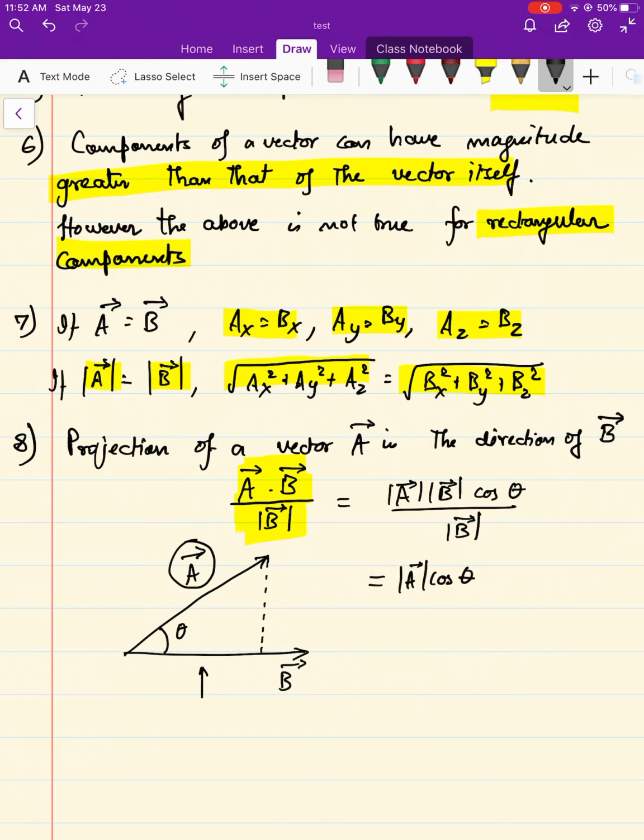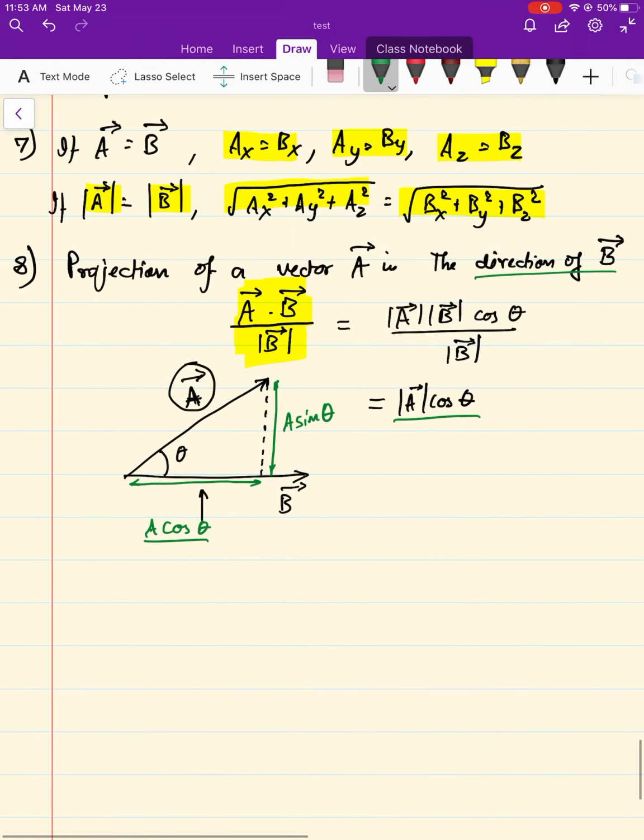If I'm trying to resolve a into two components, this is a sine theta, and this is a cos theta. So these two are the same, and that's what it means when I say the projection of vector A in the direction of B. So this is the end of chapter 1, which talks about vectors.